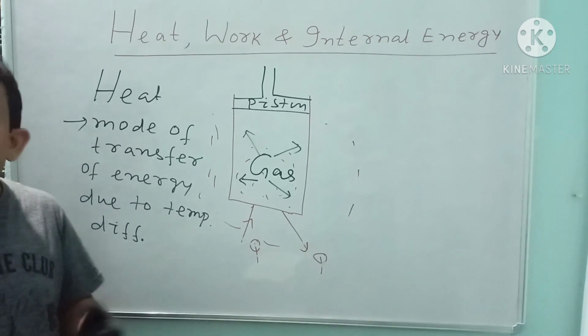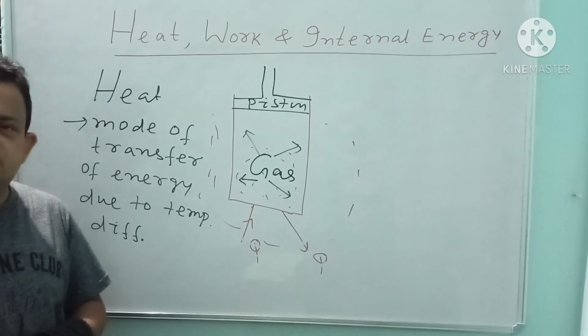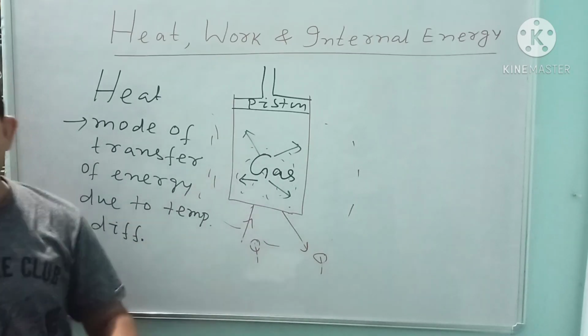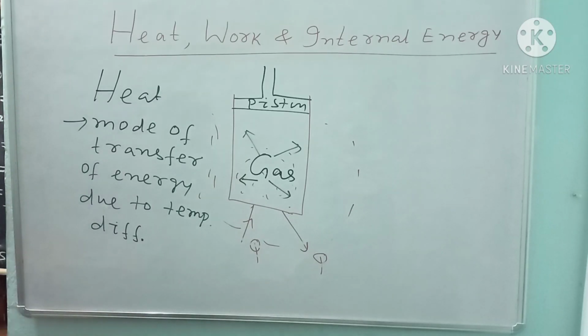That means when heat is given to the gas, its molecules move in random directions. So we can say that there is transformation of energy between system and surrounding due to their temperature difference, and also due to that heat the molecules move randomly.